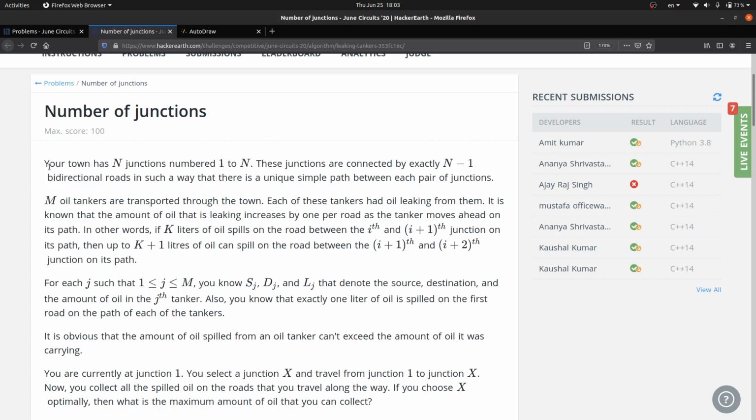You are given that your town has n junctions numbered 1 to n. These junctions are connected by exactly n minus 1 bidirectional roads in such a way that there is a unique path between each pair of junctions. So what does this mean?